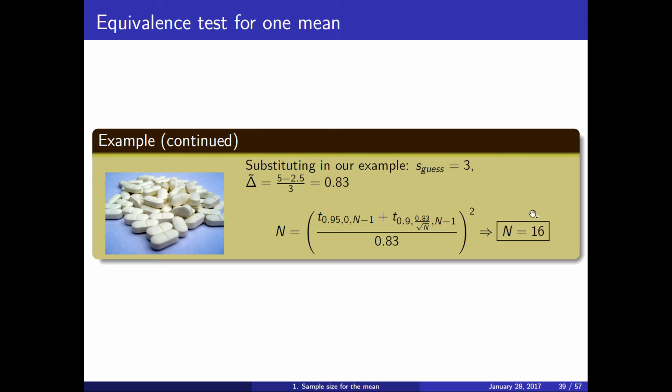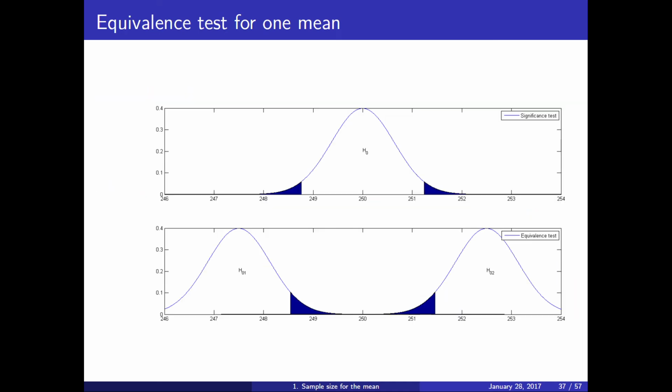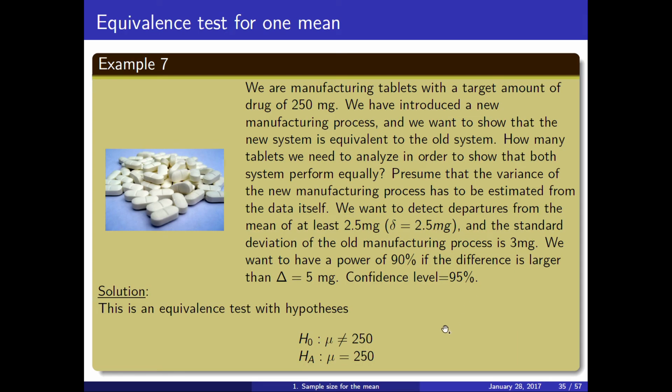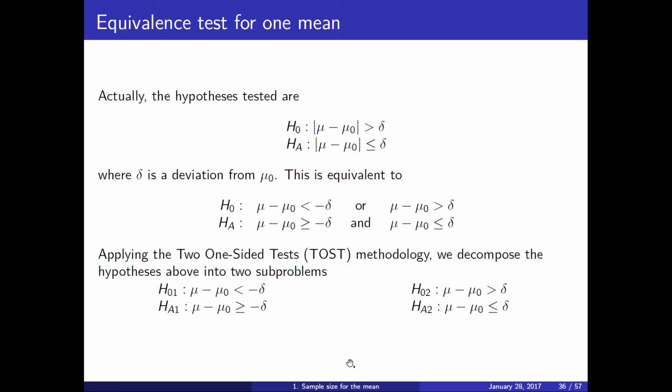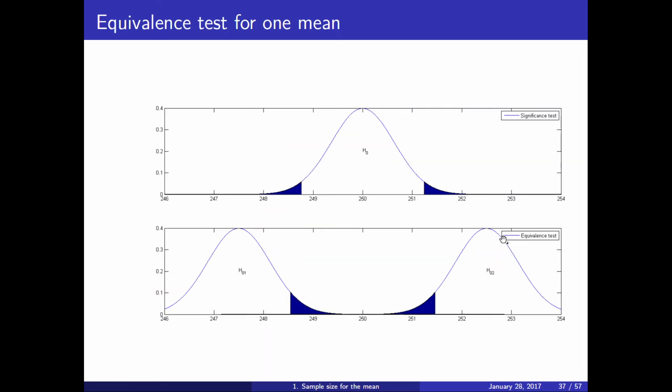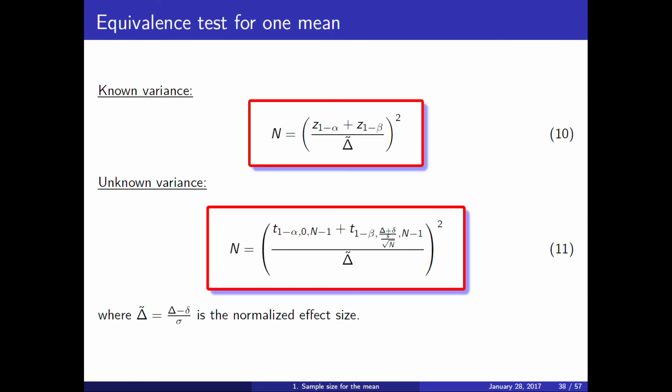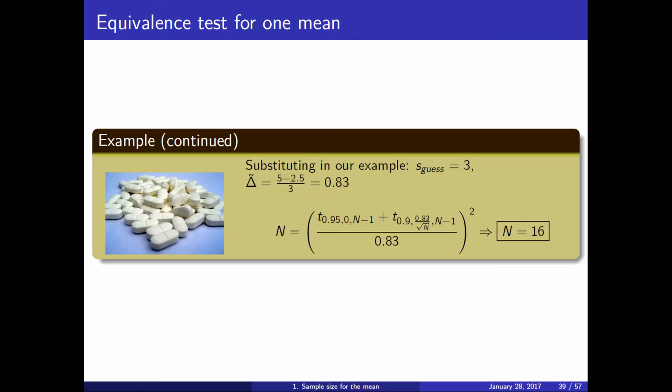What is interesting of this example is that if we move the equal sign from the null to the alternative hypothesis, now we have two tests, one on the left, one on the right. We have to define a tolerance, and the calculations are not much more difficult, but the way that we have reached those calculations is rather different.